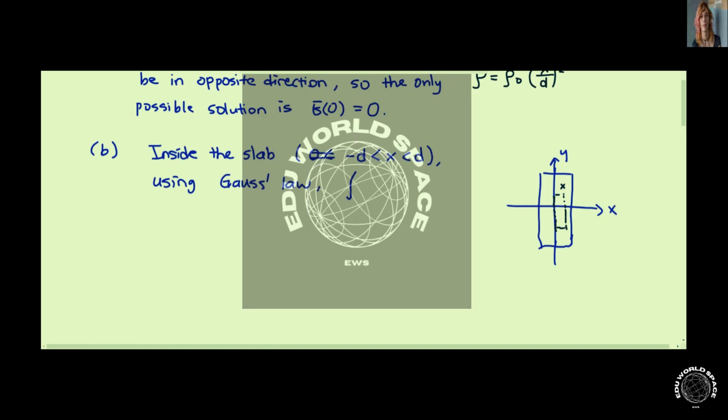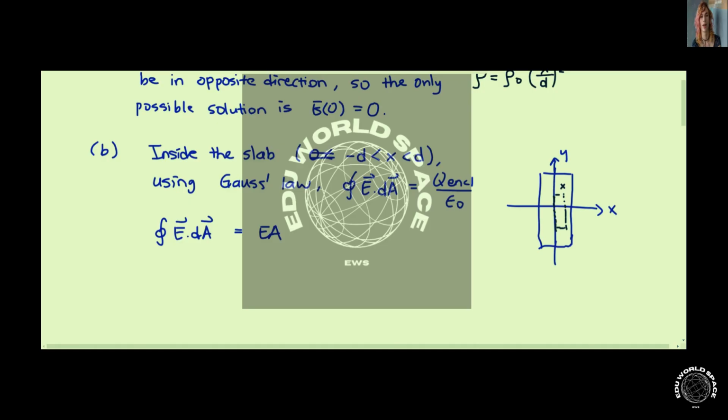Gauss's law says that the surface integral of E dot dA is equal to the charge enclosed divided by epsilon naught. The left hand side, E dot dA, is just going to be E times A, because at the x equals 0 side, E is 0, so only one surface has electric flux.